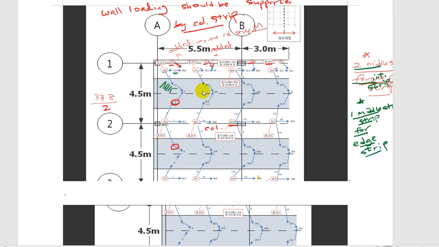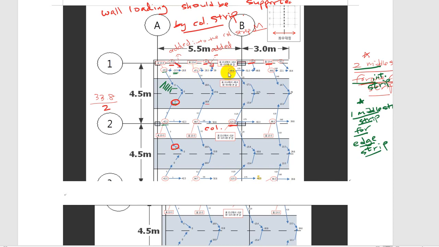But the entire 18.8 should go here because we have one middle strip for edge strip. So now you understand the entire numbers in this plot, right? They should be understood in order for you to make a correct slab design.